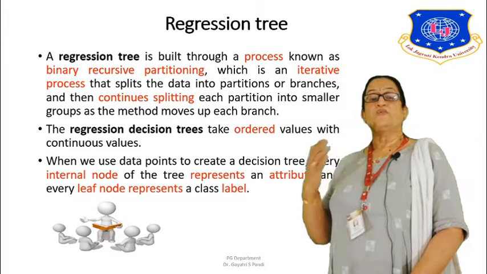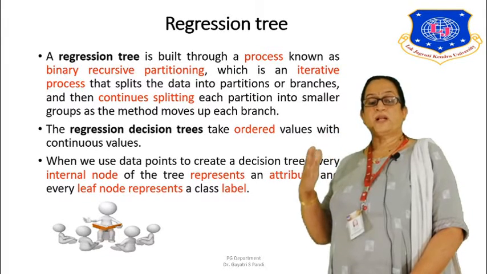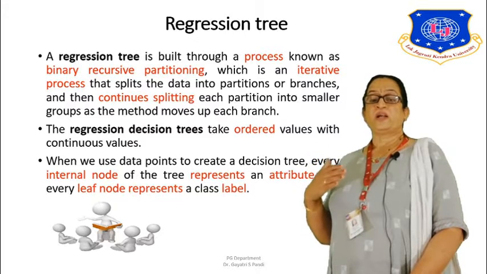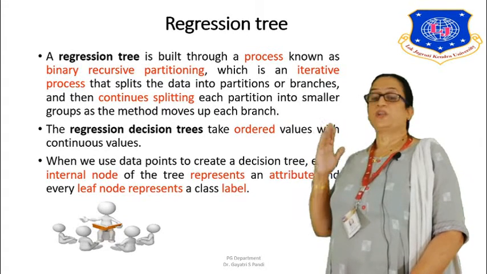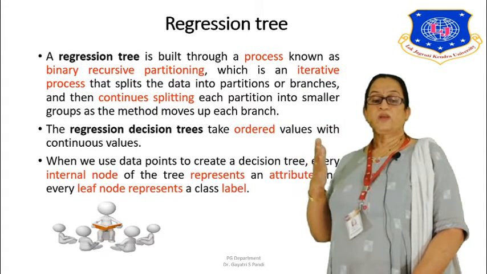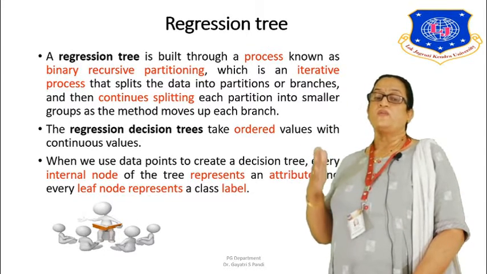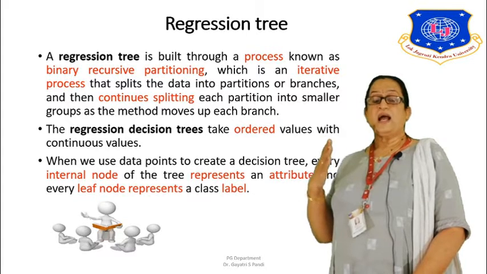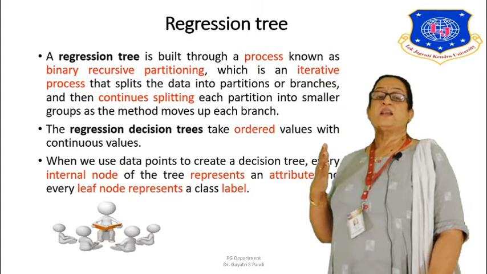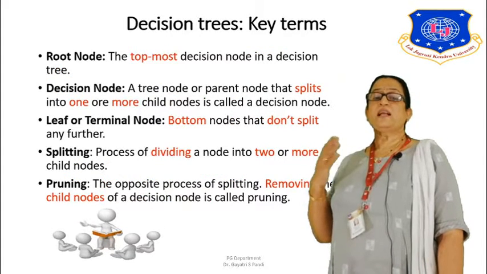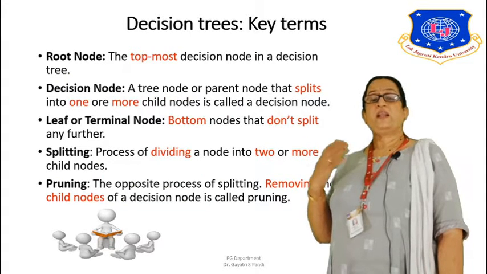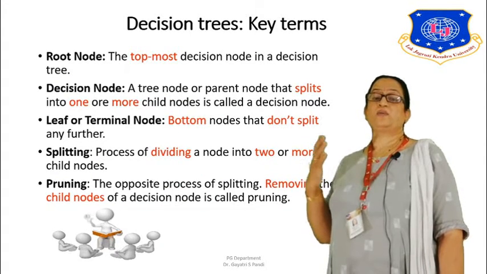So the method moves up for each branch. So the regression tree takes ordered values with continuous values. So when we use data points to create a decision tree, every internal node of the tree represents an attribute and the leaf represents a class label. That's a decision. Right?